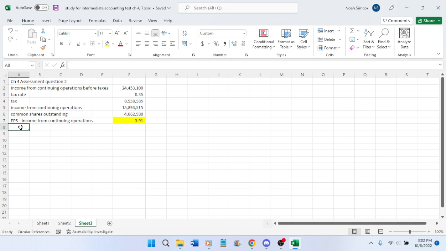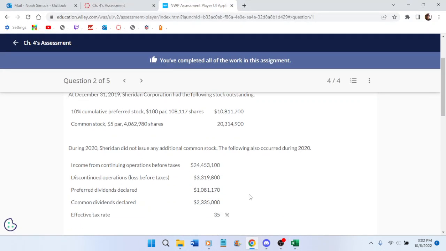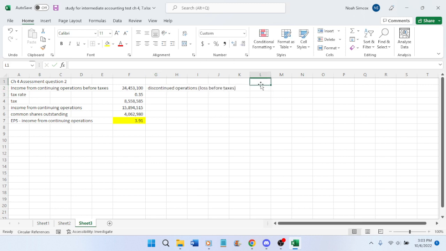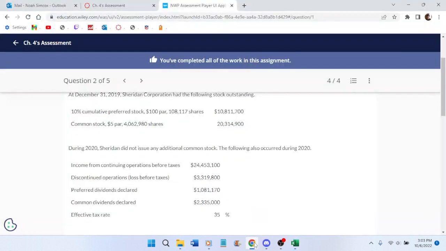So then we have, now we will do discontinued operations, loss before taxes. Now, do I put that as a negative number?